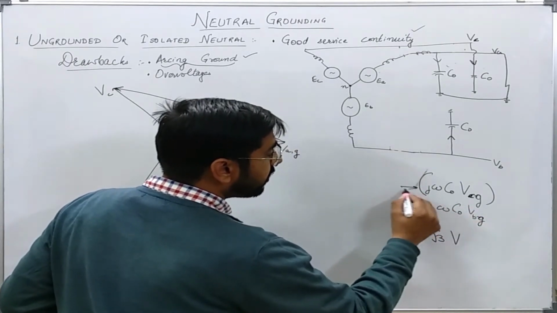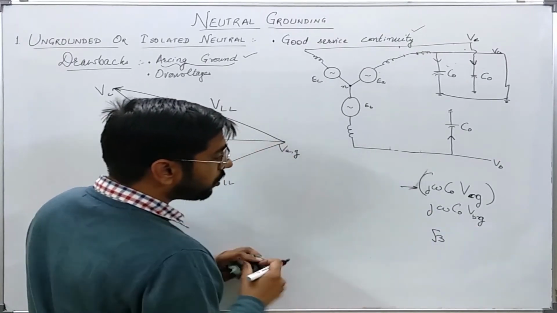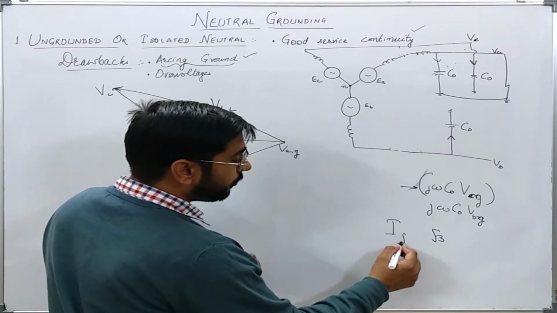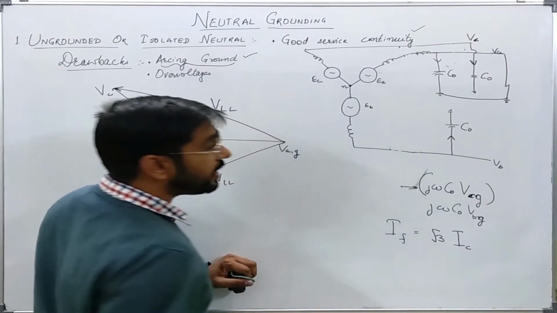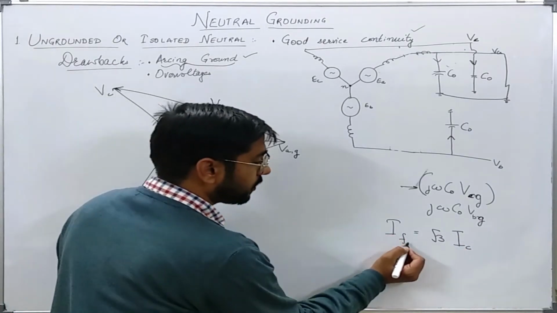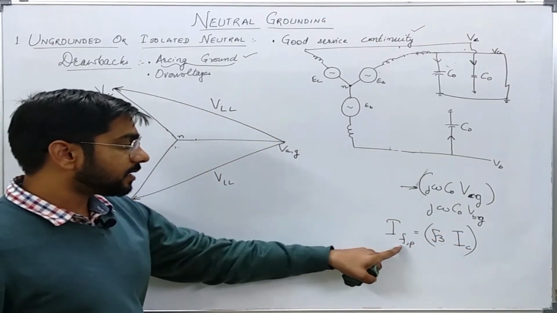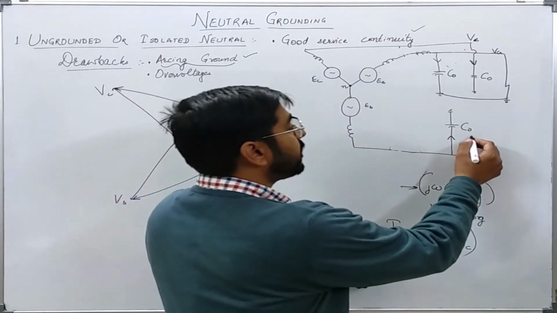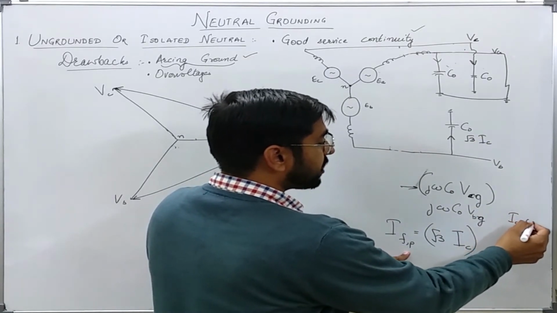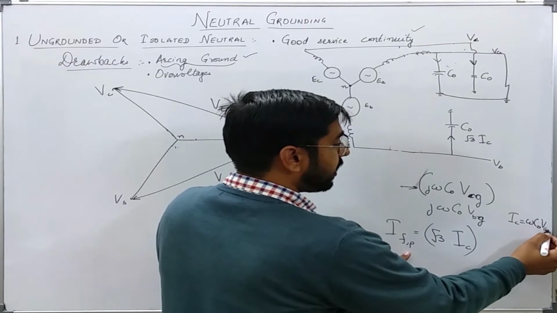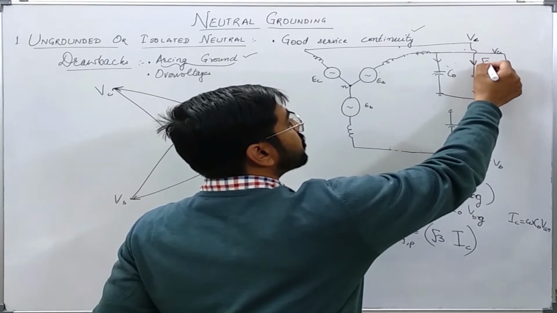So this current has increased by a factor of root 3. The capacitive current after the fault is root 3 times the initial capacitive current in each phase. If IC was equal to omega C naught VAN, then now it is root 3 times IC, and similarly for the other phase, root 3 times IC.